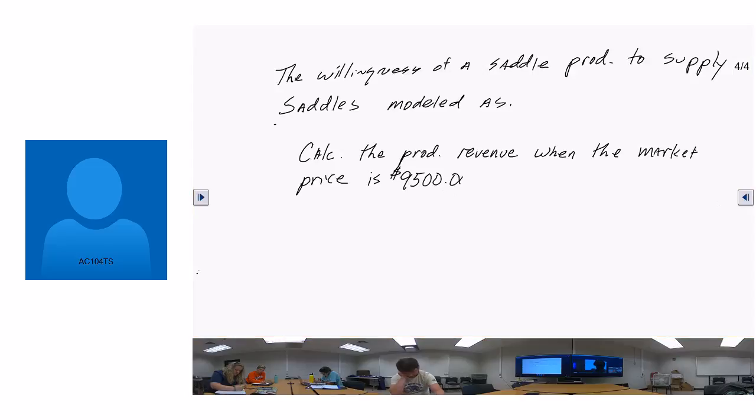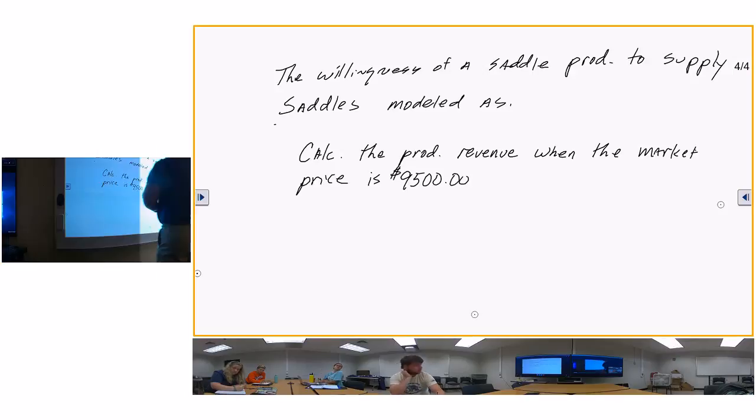When the market sets the price at 9,500, what is the producer making?